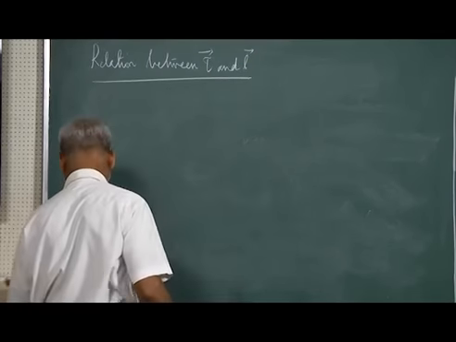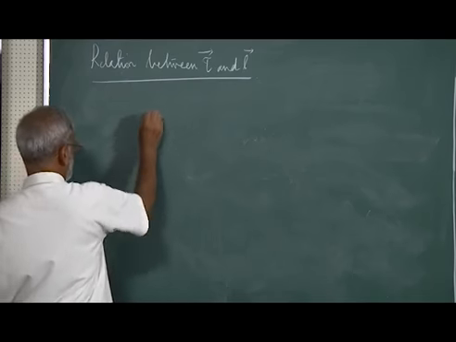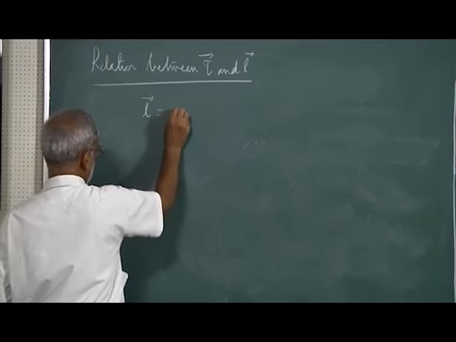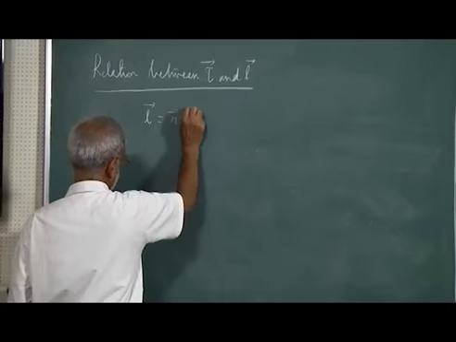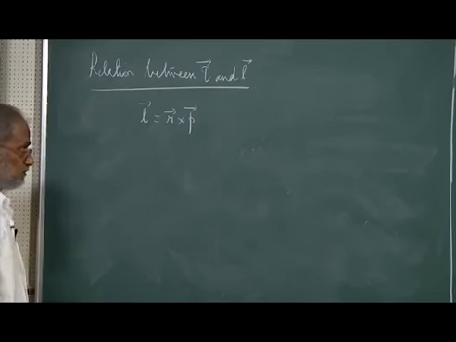It is fairly simple. So we start with L is equal to r cross p, this is the definition of orbital angular momentum.